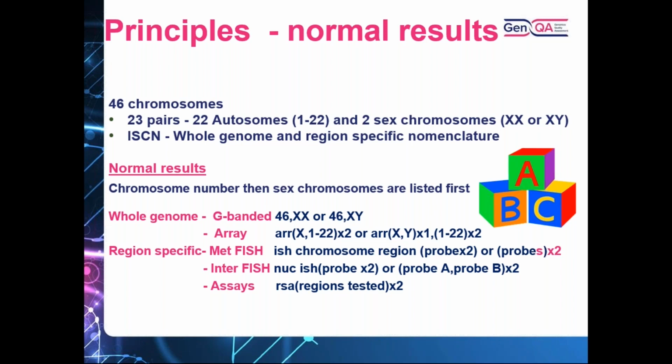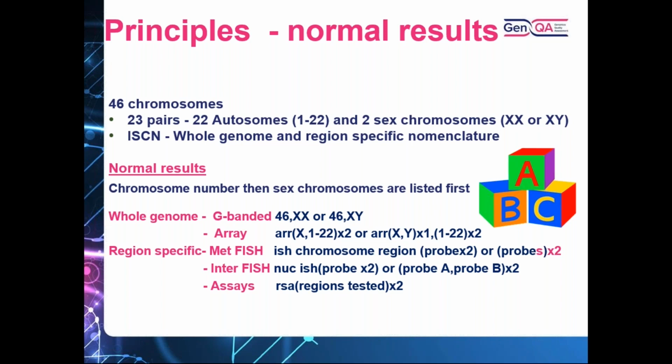So for metaphase FISH, you would put ish, give the chromosome region, and then put in brackets the probe times 2 if it was normal. Or if you've got multiple probes, you would put in brackets probe A, comma, probe B, comma, etc., and brackets times 2. For the interphase FISH, you use the term nuc ish, but you will notice there is no space, and you immediately put the bracket after the ish.